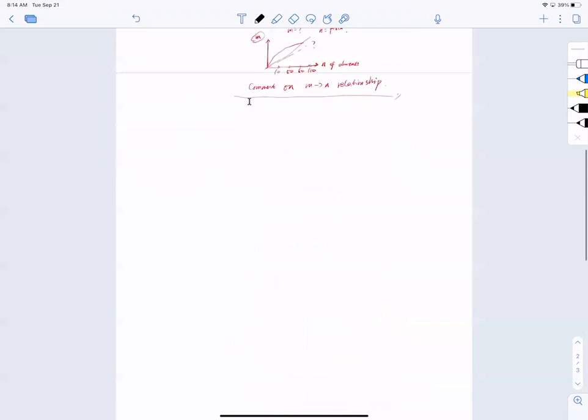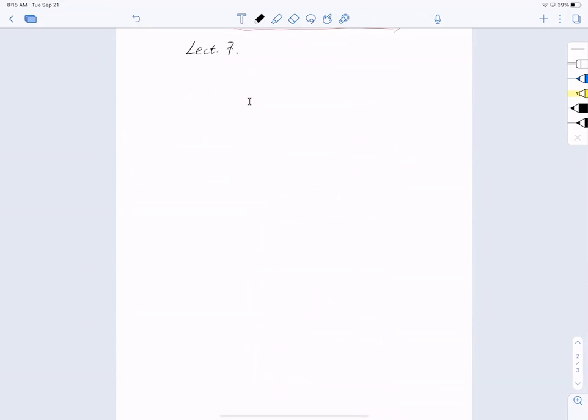Okay, so lecture number 7. Today, we're going to talk about different elements. Let's just draw it out.